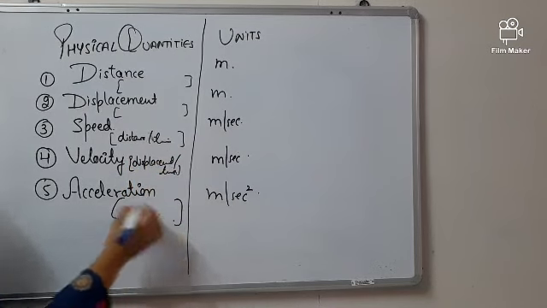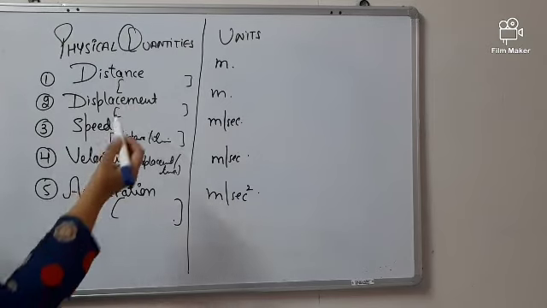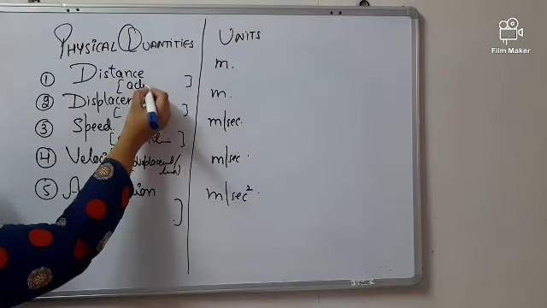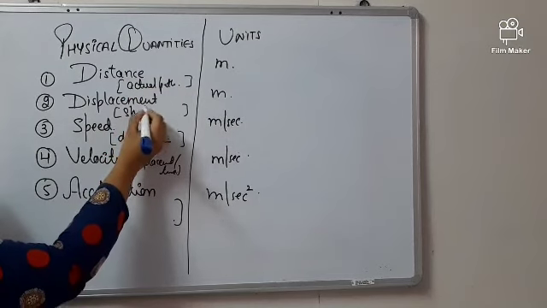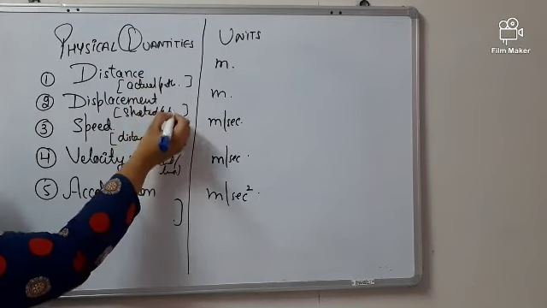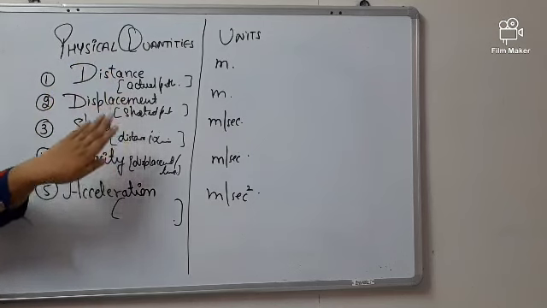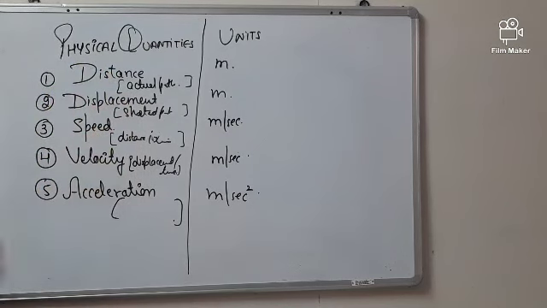Acceleration, it is change in velocity over time. Distance, you can write the actual path. Displacement, shortest path. Means put some of the keys along with it, so that it will be a ready reckoner for you. Okay, whenever you want, you just go with it, and you can easily recall the things, it's going to be clear to you. Okay.